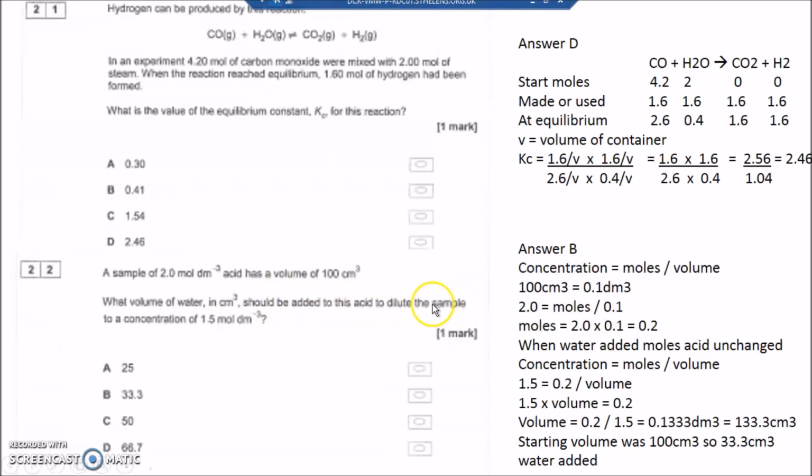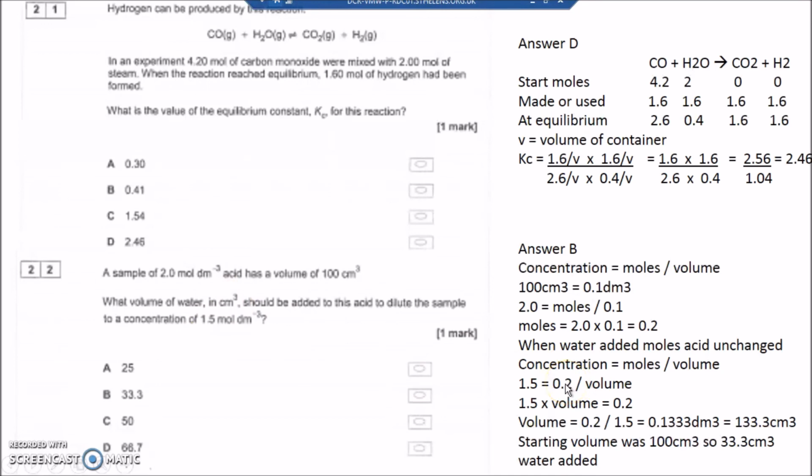All I've done is put it in a flask and added some more water. So the number of moles of acid hasn't changed. I've just added some water. So my moles of acid is the same. I know my concentration, so I know concentration, I know moles. I know concentration is moles divided by volume. My concentration is 1.5 because it tells me there. My moles of acid haven't changed.